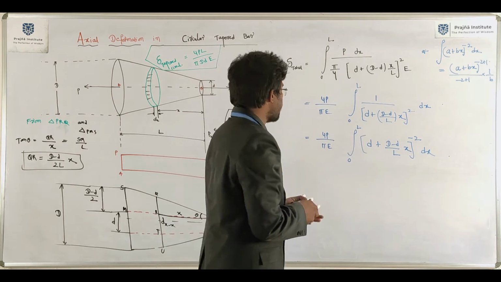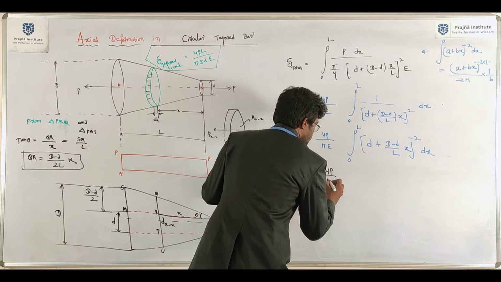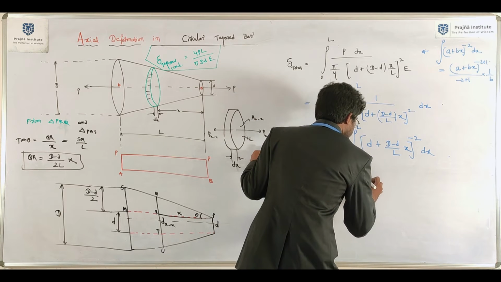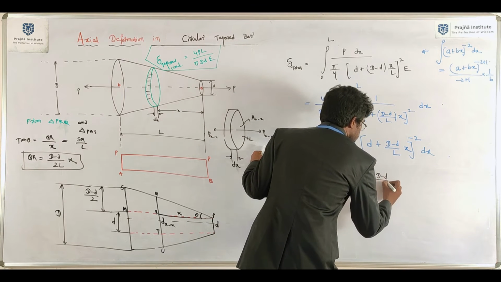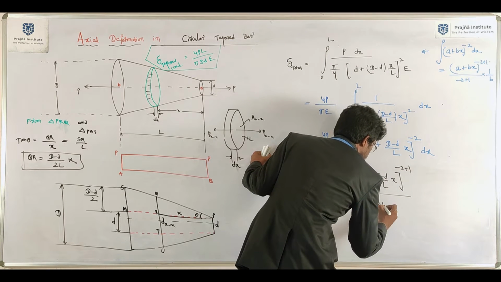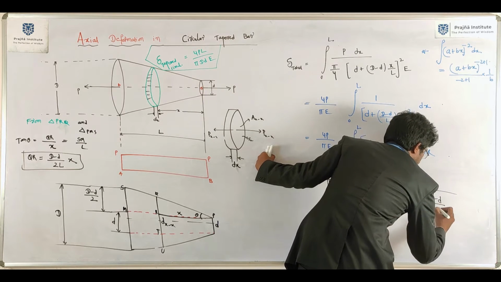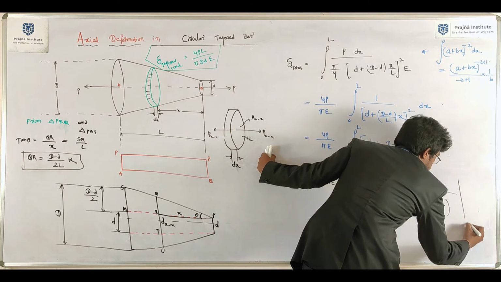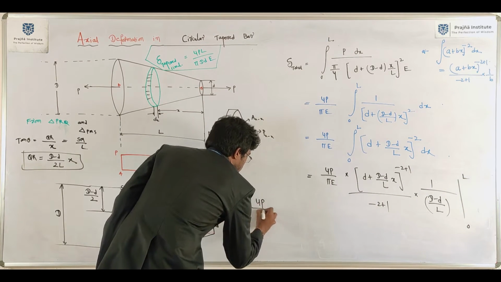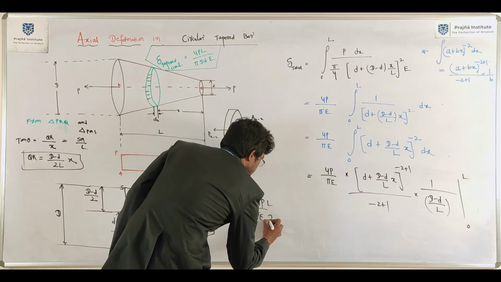That's it. Now here what will you get, tell me? 4P by pi E into (d plus (D minus d) by L into x) whole power minus 2 plus 1, by minus 2 plus 1, into 1 by ((D minus d) by L), from 0 to L. Here what will you get? 4P by pi E, here L by (D minus d).